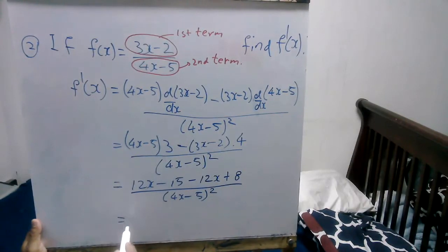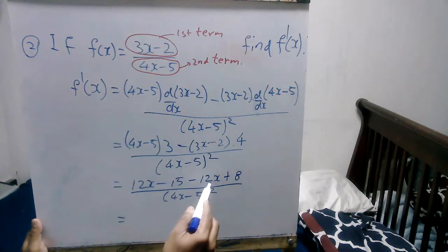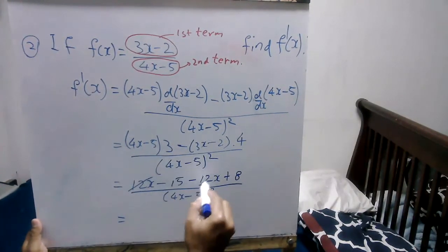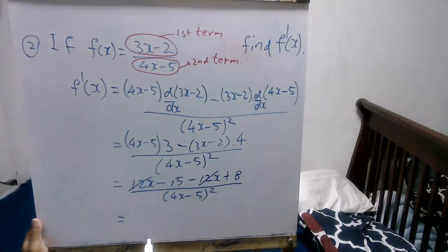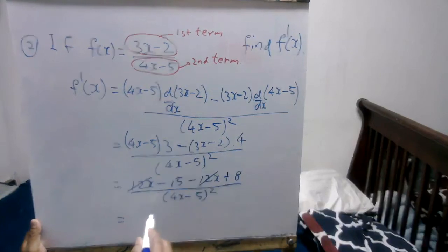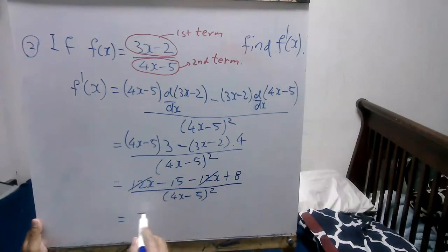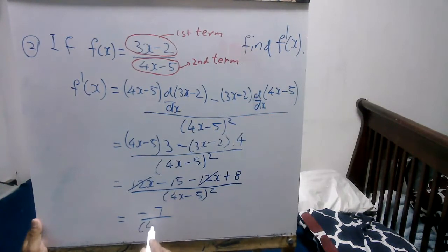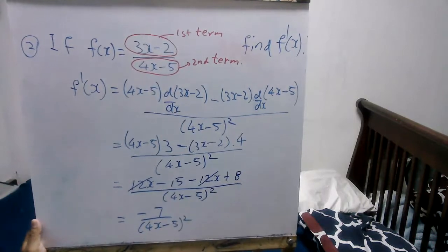Now combine like terms. 12x, negative 12x cancels out. Negative 15, positive 8 is negative 7, divided by 4x minus 5 squared.